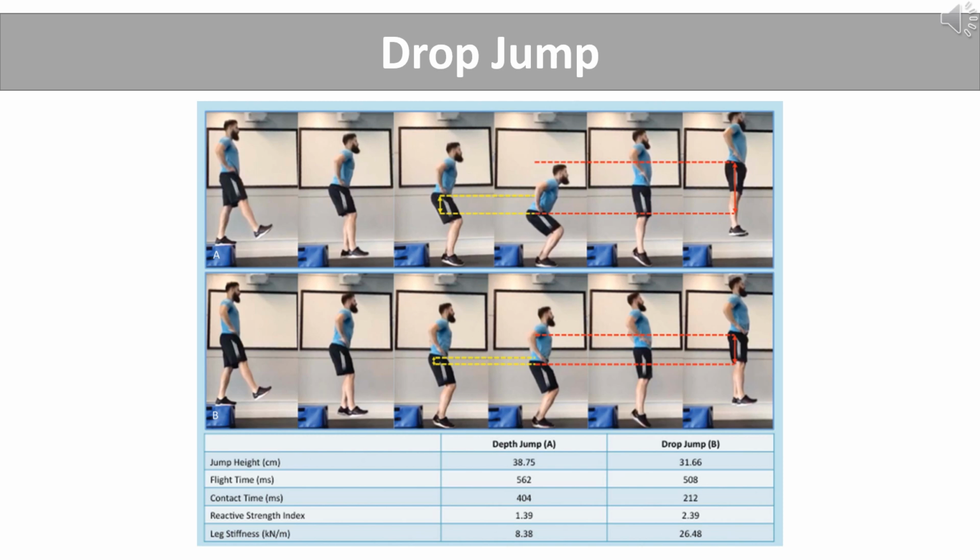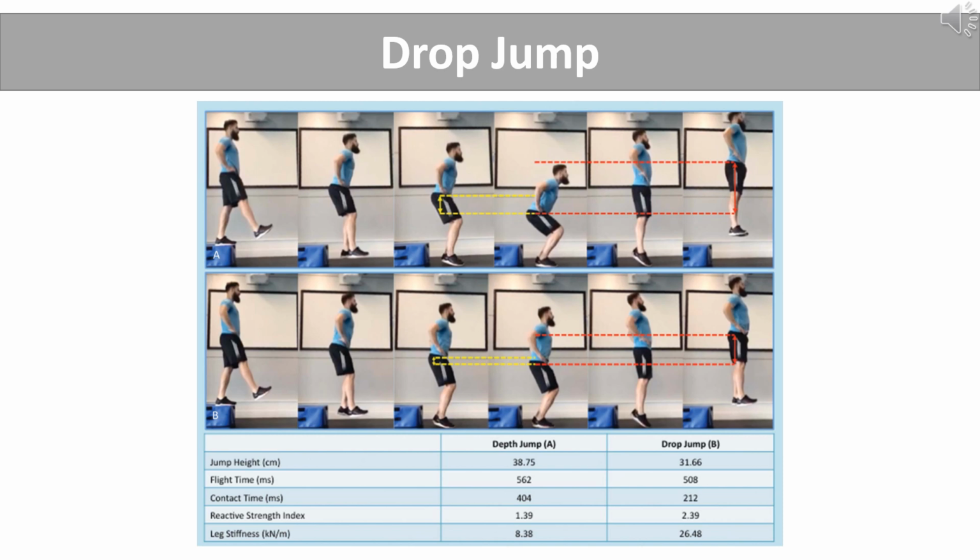So for the top row of images, the depth jump, you can see that actually if we compare jump height to the drop jump, he jumps much, much higher. But he jumps much higher for the sake of spending much, much longer on the floor, you can see that he's spending 0.4 seconds versus effectively half that time in the drop jump.